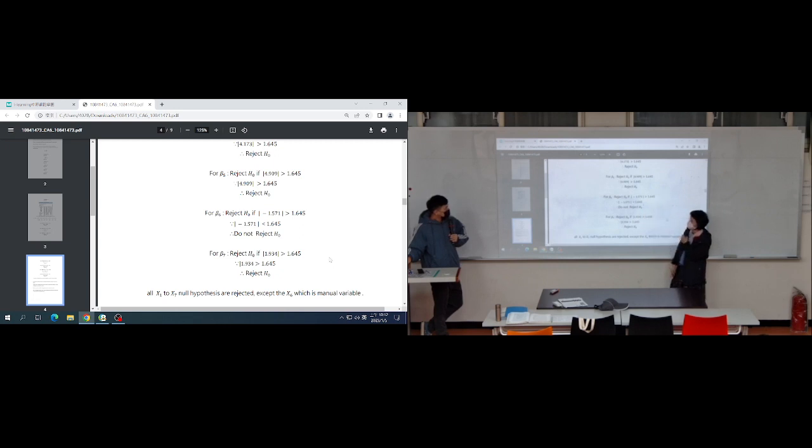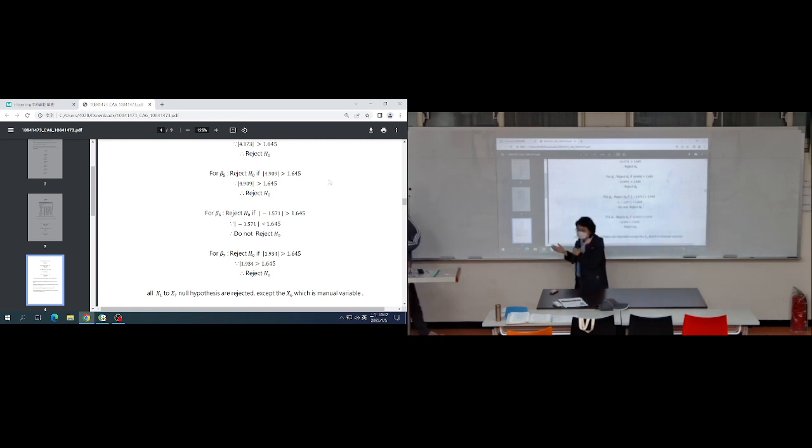For both sides you can use this, but for one-sided, do not use this one. You have to tell whether you compare with the negative or positive critical value. Sorry, my bad.